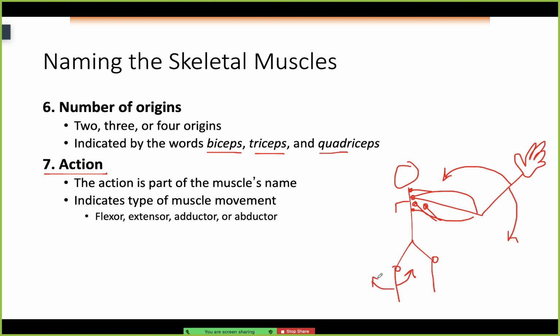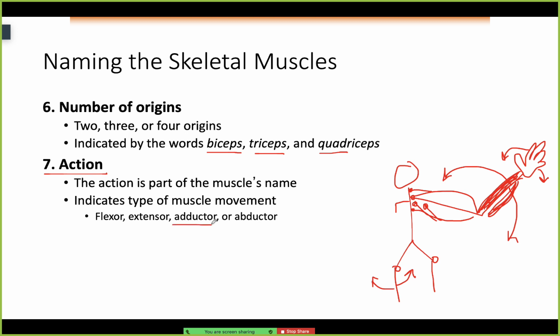There are some muscles where their function is part of the name. For example, the muscles that help you flex your wrist this way, all the muscles on your forearm are called flexors. The ones behind your forearm that help you extend your wrist are called extensors. For example, there's muscles called flexor carpi radialis or extensor carpi ulnaris.